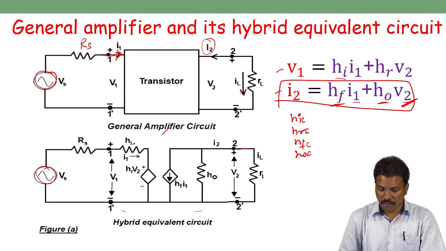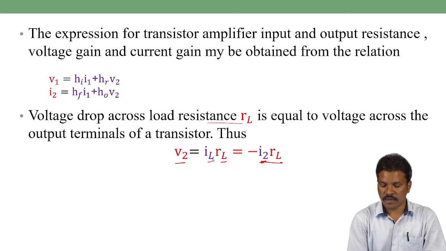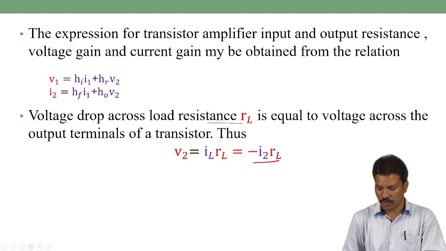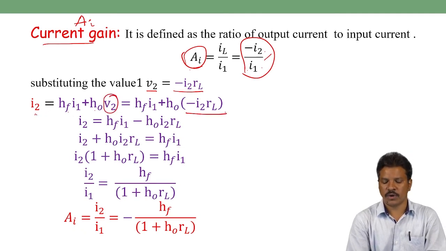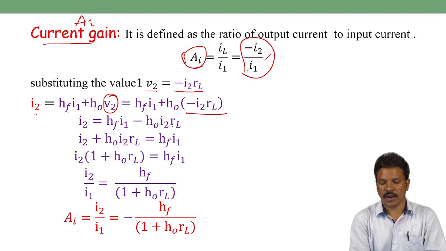So already we have a formula for the output voltage V2: V2 is nothing but minus I2 into RL. When we substitute minus I2 into RL for V2 in the I2 equation, we get I2 equal to HF I1 plus H0 into minus I2 RL, which we can write as HF I1 minus H0 I2 RL.